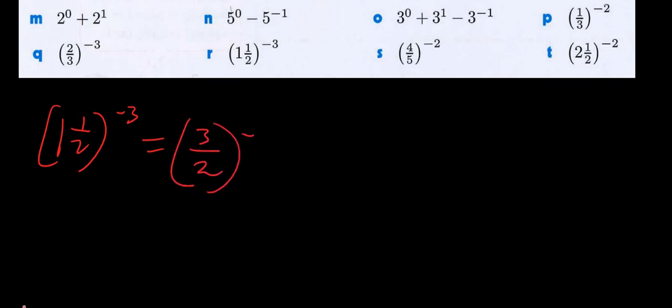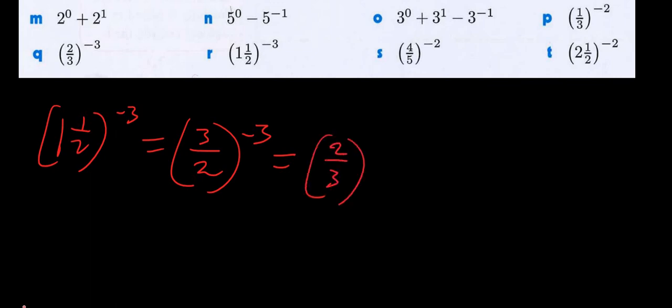Question R, we have 1 whole number 1/2, exponent -3. First we change this 1 whole number 1/2 into an improper fraction. This will become 2 times 1 is 2, plus 1, 3. So we have 3 over 2 exponent -3. Now we want to change the exponent to a positive exponent by taking the reciprocal of 3 over 2, which becomes 2 over 3.